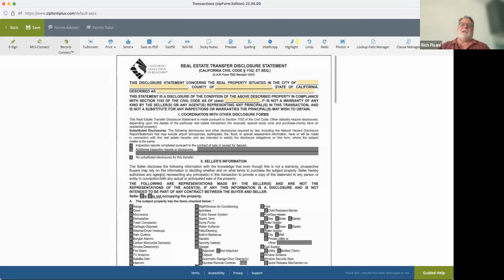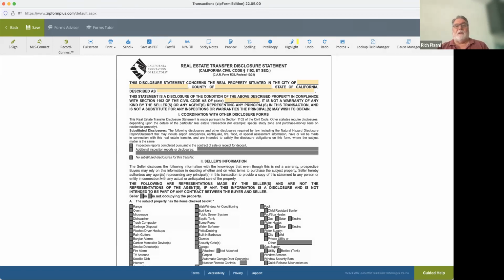There you go. TDS. This is required by statute: the seller must disclose information regarding a property upon transfer of the property. Those that are exempt are probate, surviving trustees of a trust, and bankruptcy or REO.